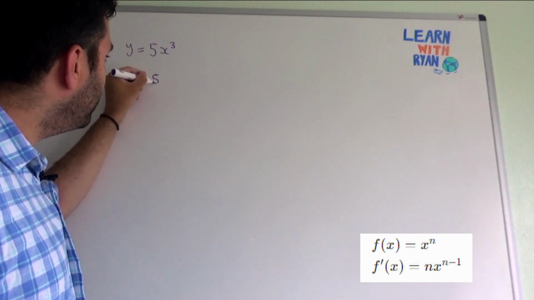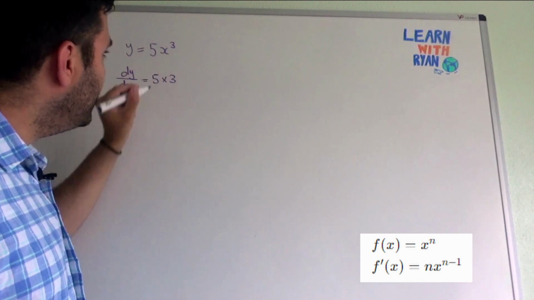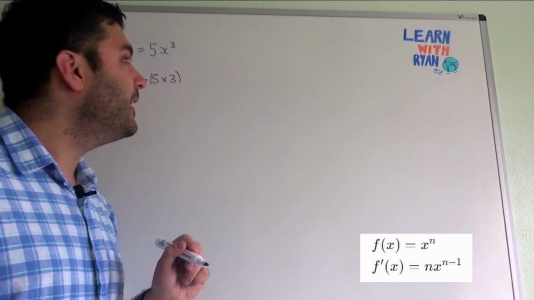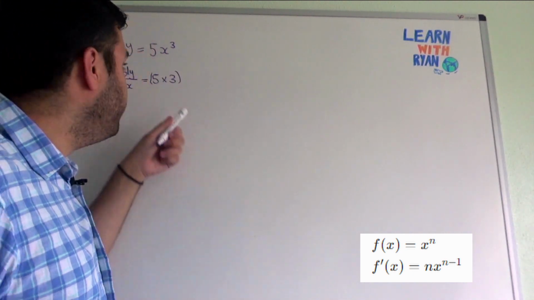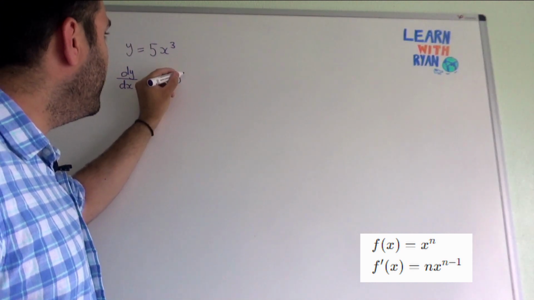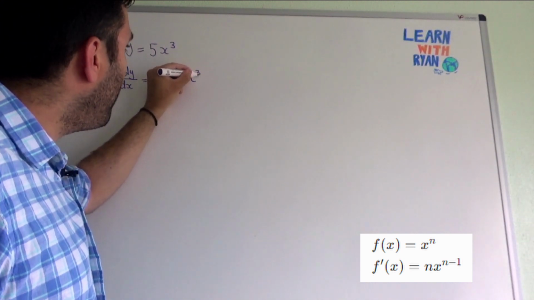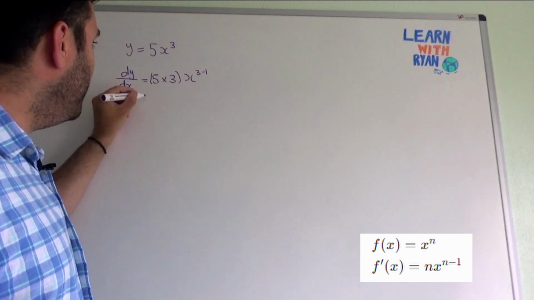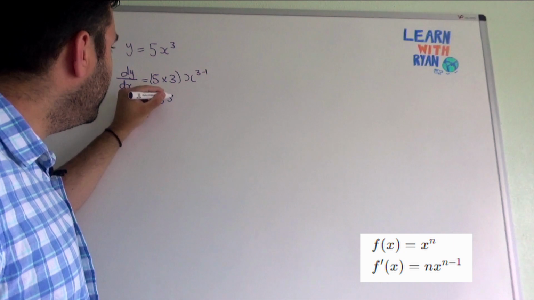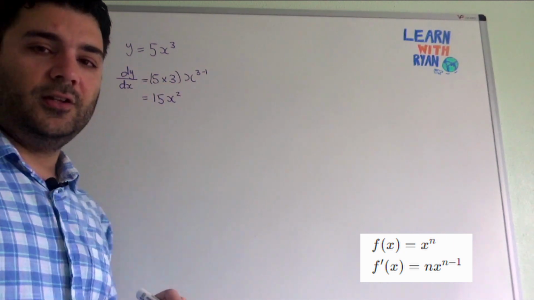So 5 times 3 is the first thing we need to do. I just put that in brackets to keep it separate. And then we decrease the power of x by 1. So then what we end up with is x to the 3 minus 1. And if we work that out, 5 times 3 is 15. So we have 15x to the power of 2.